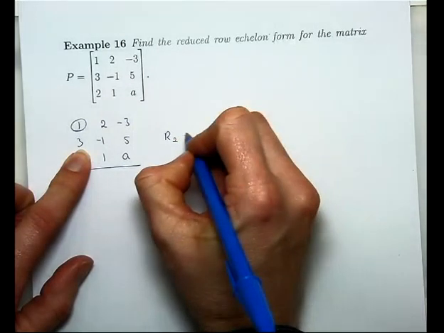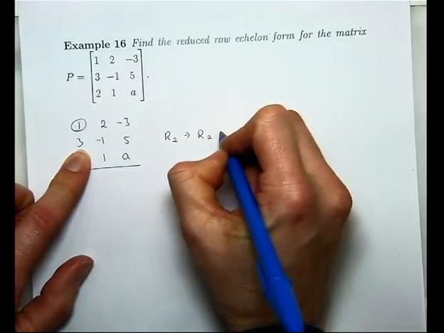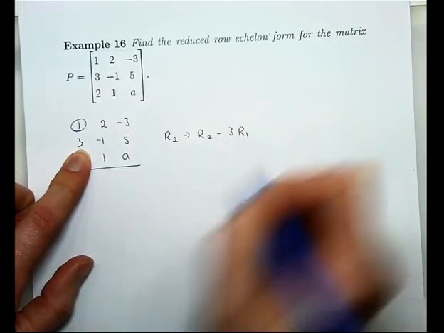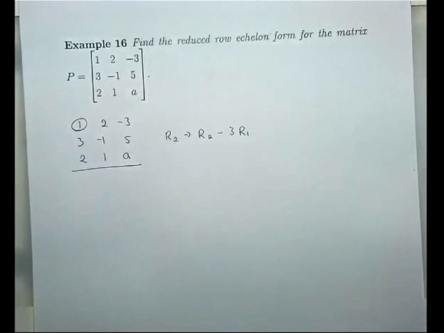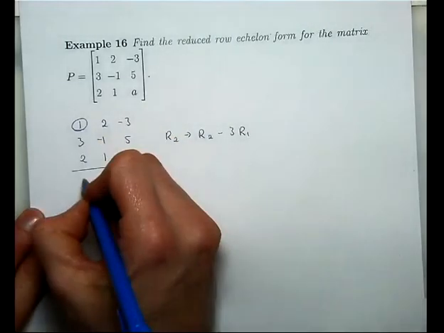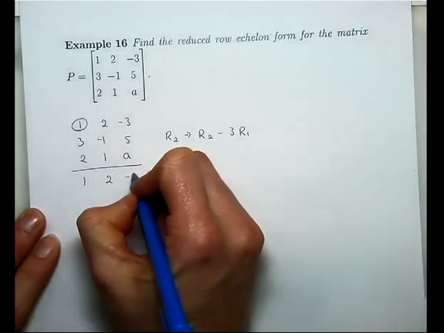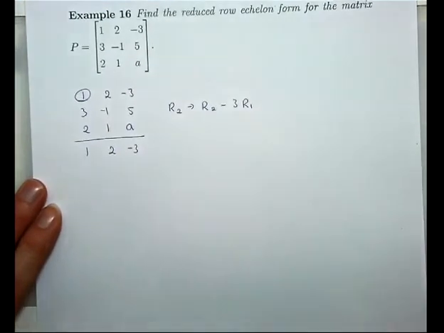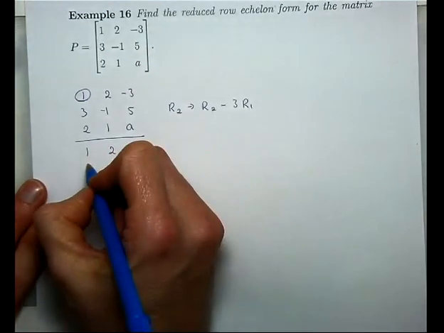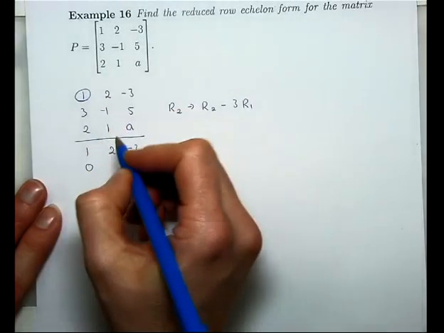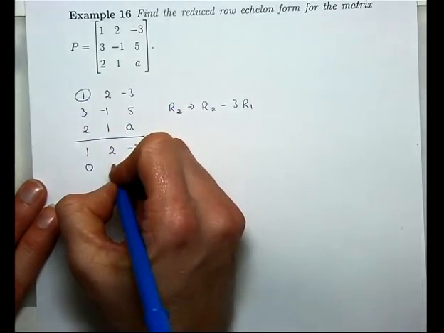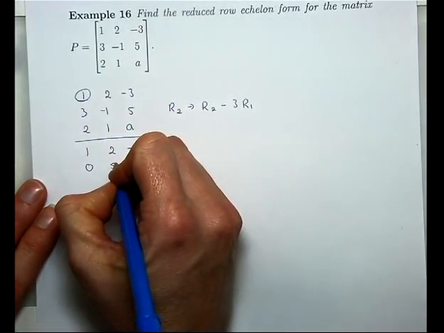So we want to turn this one into a 0. Row 2 goes to row 2 minus 3 row 1s, because 3 minus 3 is 0. Zero, 2 minus 3.